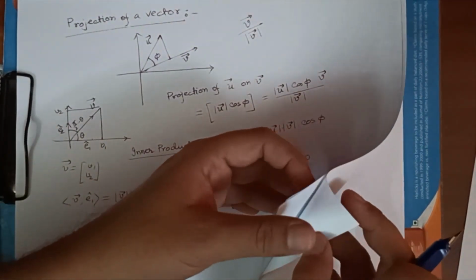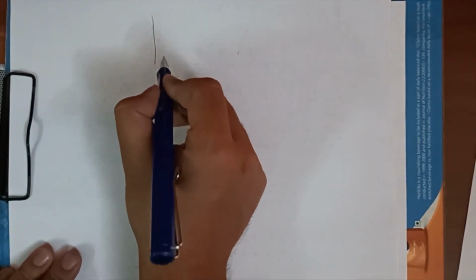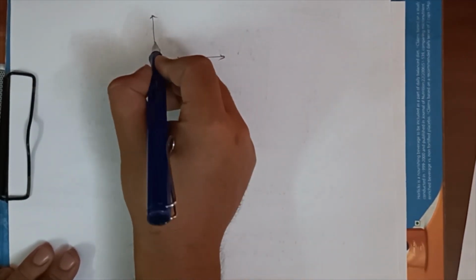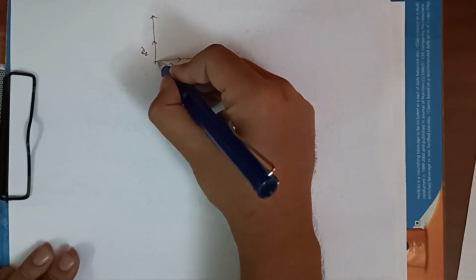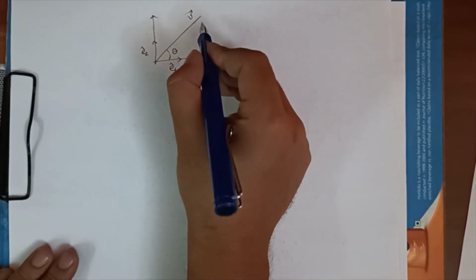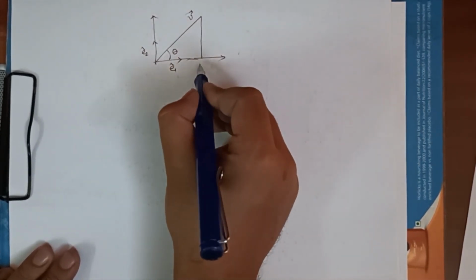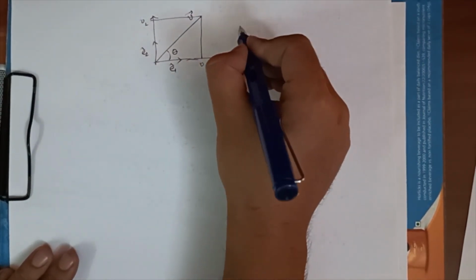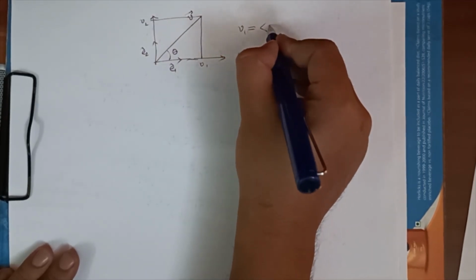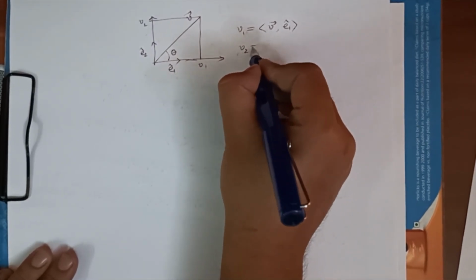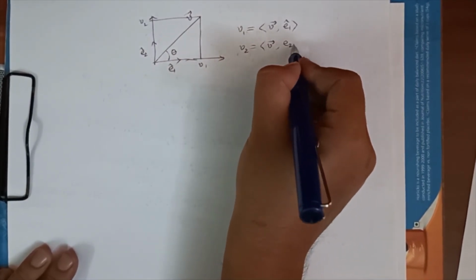Let me show you. Let me take a new paper. So these are the two directions. The unit vector in this direction is E1, the unit vector in this direction is E2, and the vector is say V. The angle is say theta. So when we say that the projection is this, V1, and this projection is V2, the two scalars, we just wrote down that V1 is nothing but the inner product of V with E1, and V2 is the inner product of V with E2.